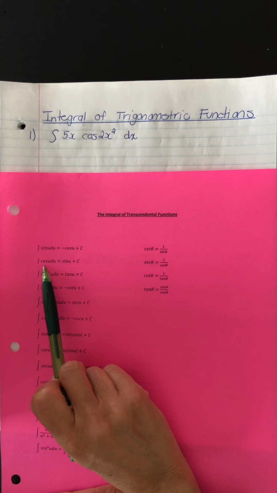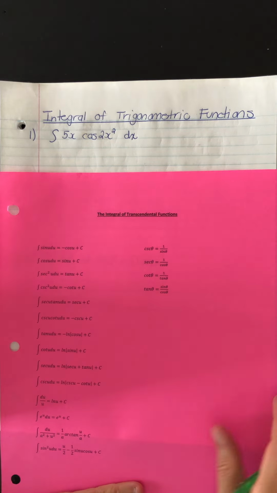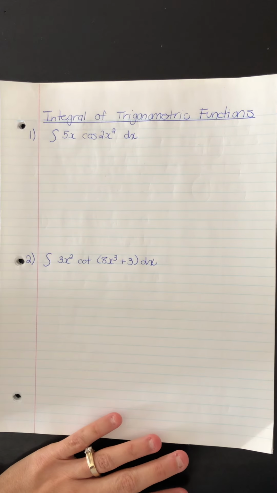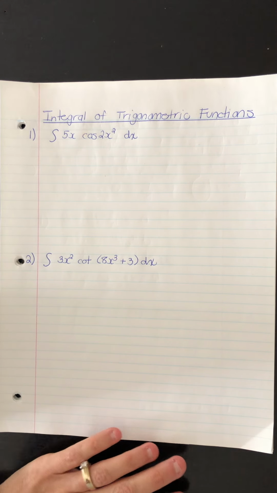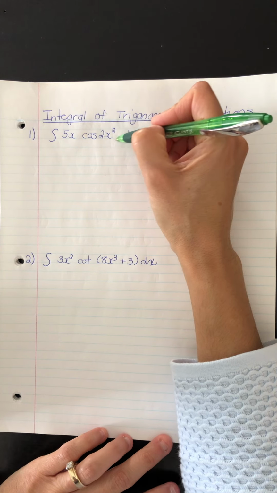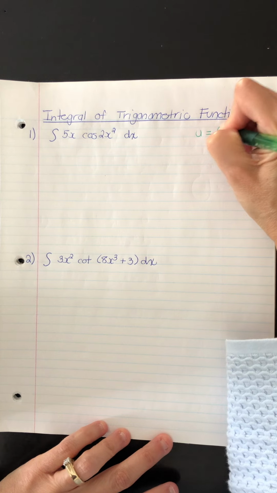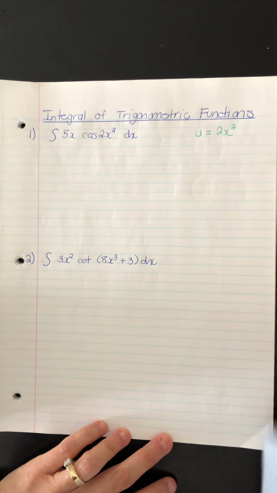So the integral of cos u is sine u. So what we're going to do is take the argument of the function, or the angle, and call that u. So u here is 2x squared.